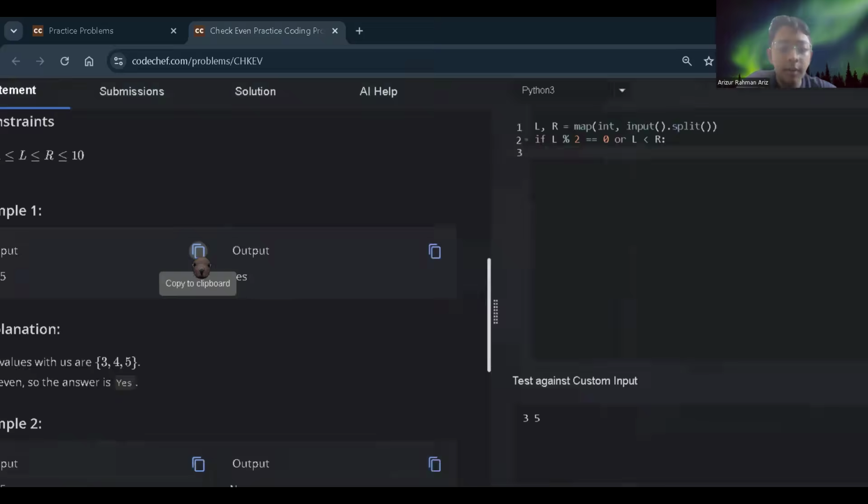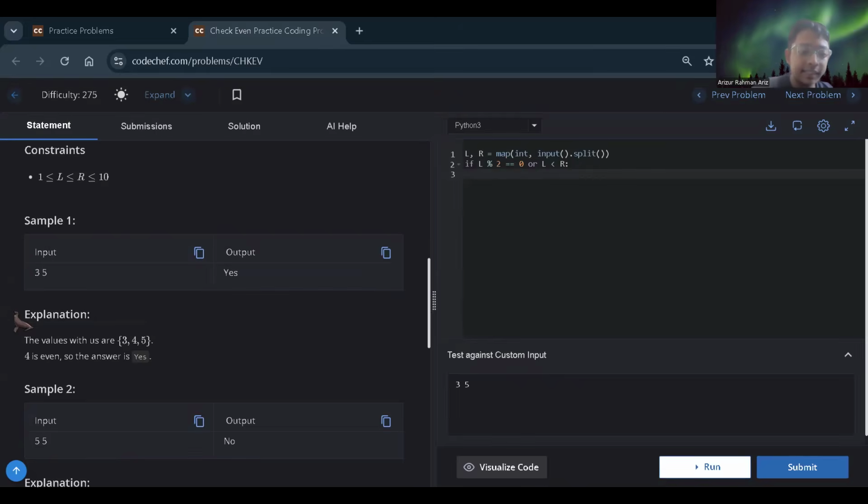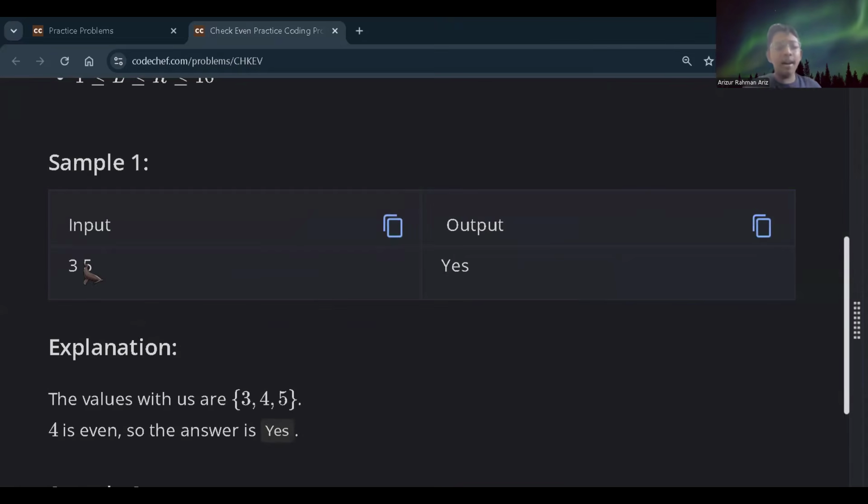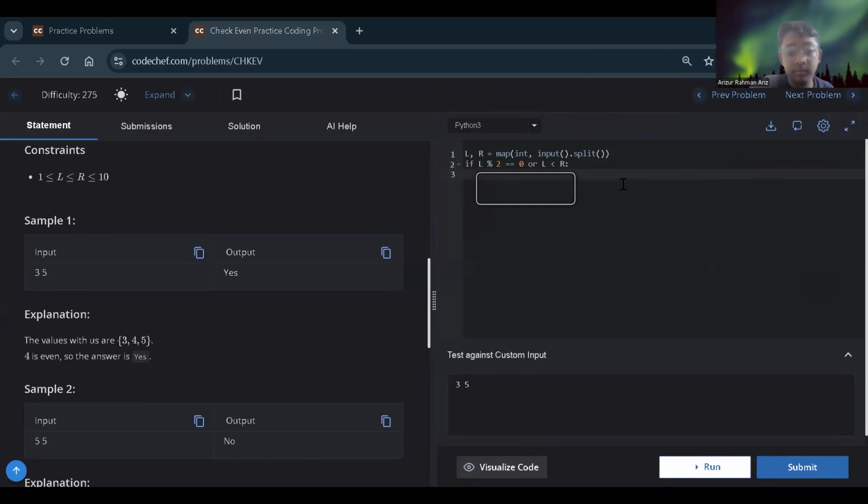For example, L here is less than R. So L is 3 and R is 5. So in the sequence of 3 to 5, there is 4, which is even. So at every point, there would be at least one even. So that's why I'm thinking it's correct.